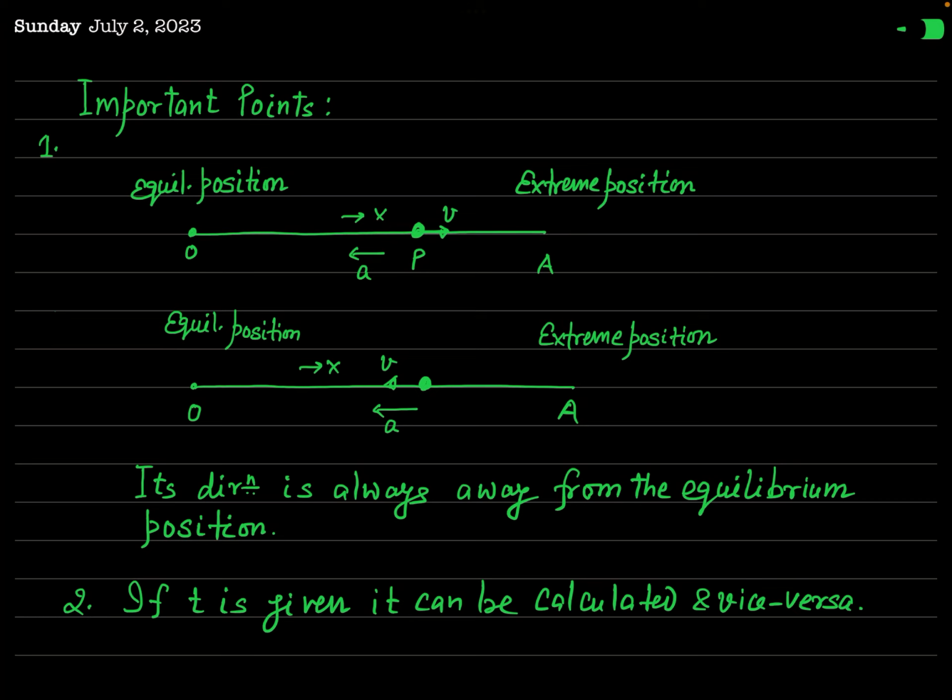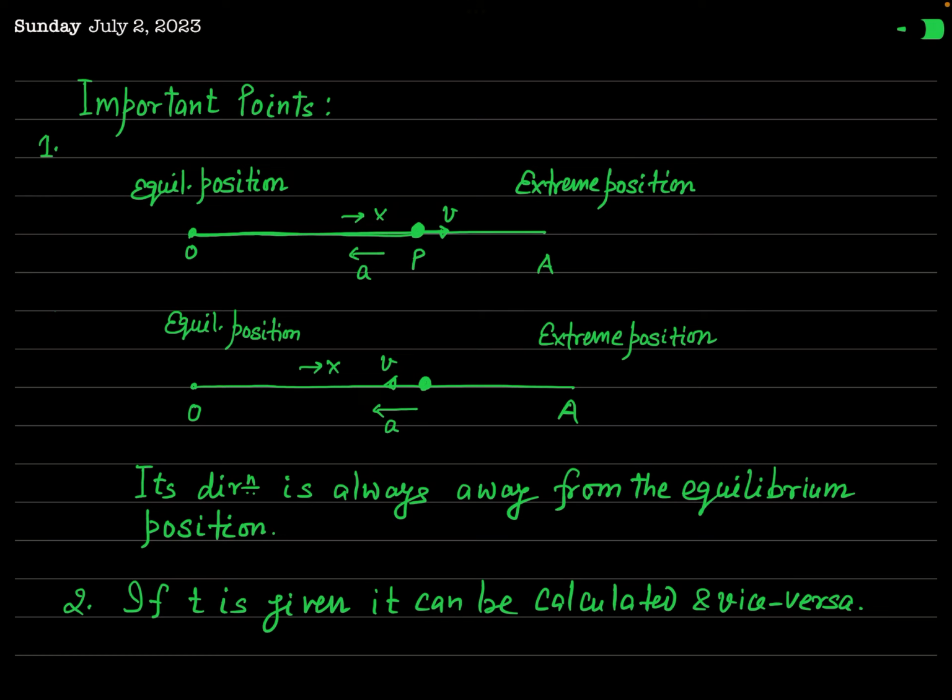As you can see in this first figure, I have shown that O is the equilibrium position, and at any time t, the particle is at point P. Okay, and it is moving away from the equilibrium position. Then displacement is OP, and this OP is directed away from the equilibrium position.